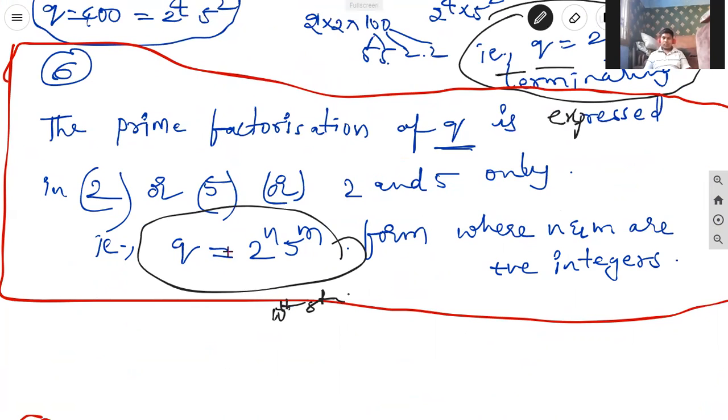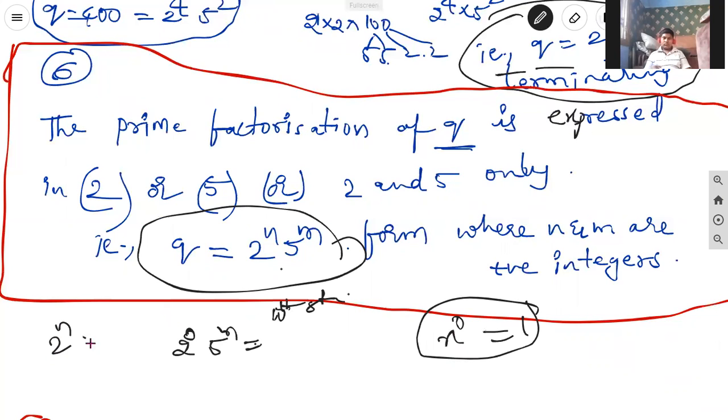If it is 2 power 0, 5 power m, it can be expressed as 5 power m only. We know that x power 0 equals 1 from exponents and powers. If 2 power n 5 power 0, it is clearly in the form of q equal to 2 power n. If 2 power 1 5 power 1, this is in the form of 2 and 5.